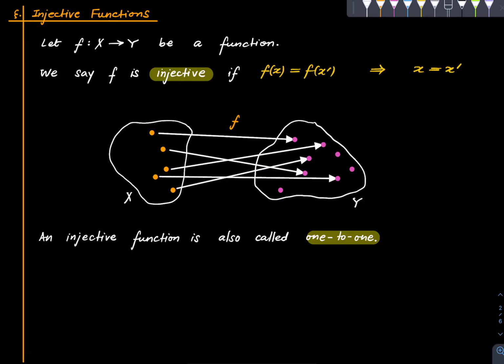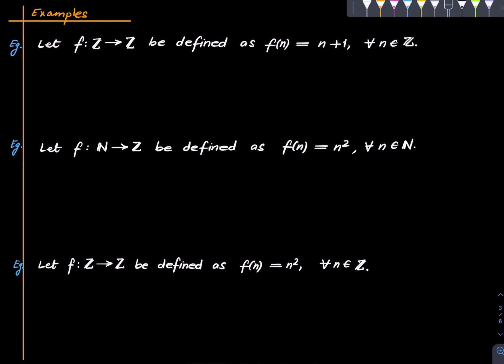All right. Let's see some examples. Here we have a function from Z to Z, which takes an integer n and outputs n plus 1. Is it injective? Let's see. To check injectivity, let's say f(n1) equals f(n2).